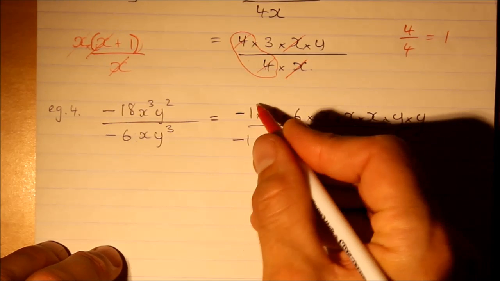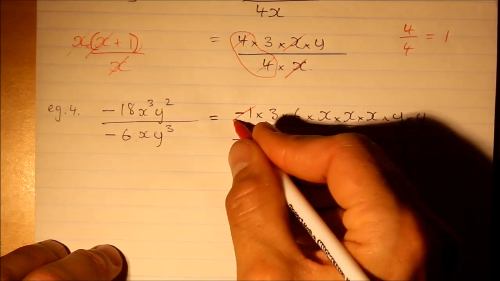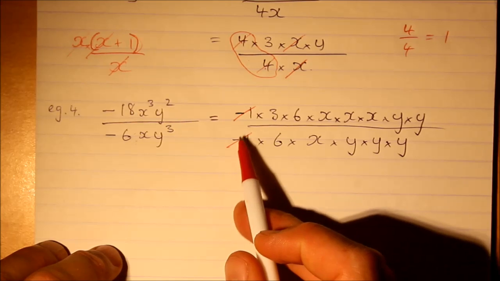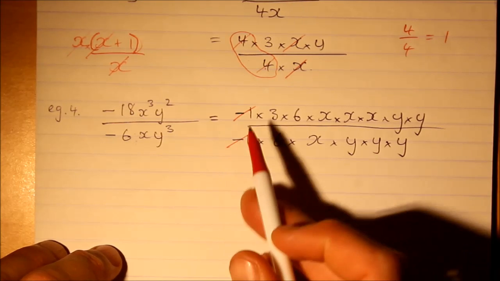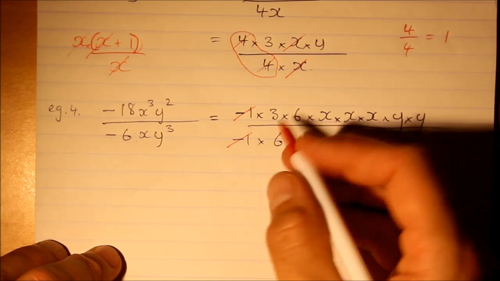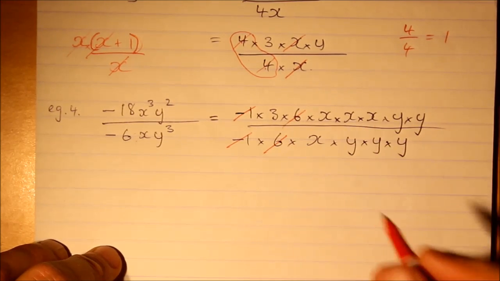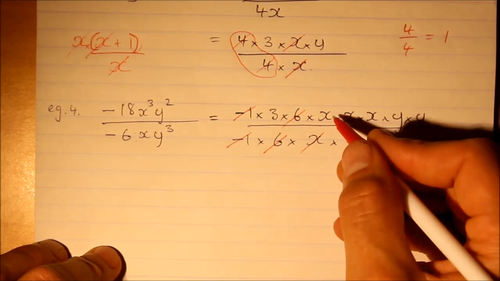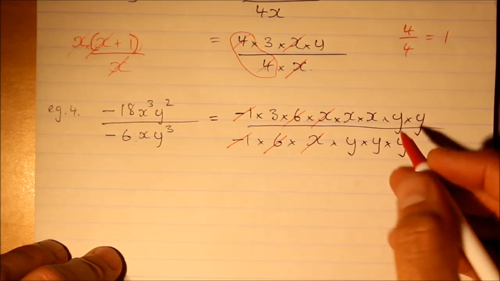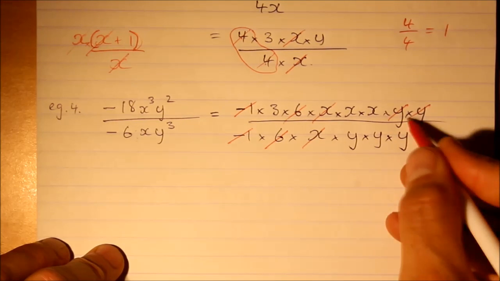So let's have a look. Are there any common factors? Well, the negatives cancel out. So if you put them out like this, you know that the negatives cancel too, leaving the rest positive. 6 and 6, x and x, there's no more x's now, but there are 2 y's at the top.